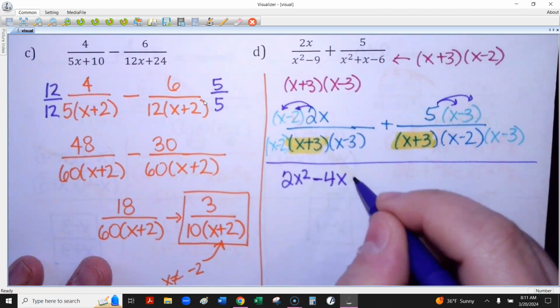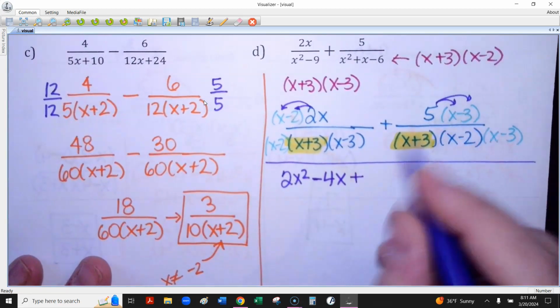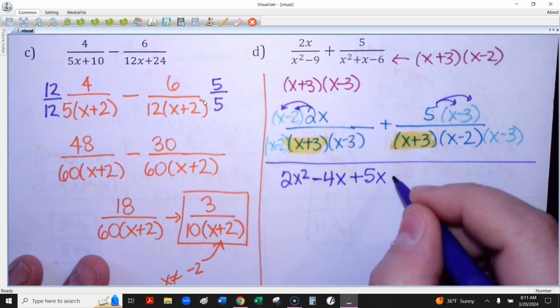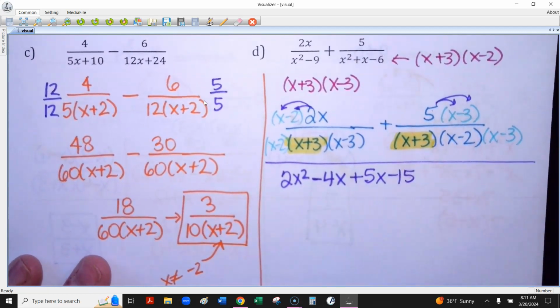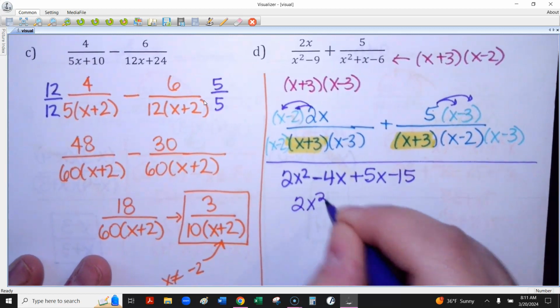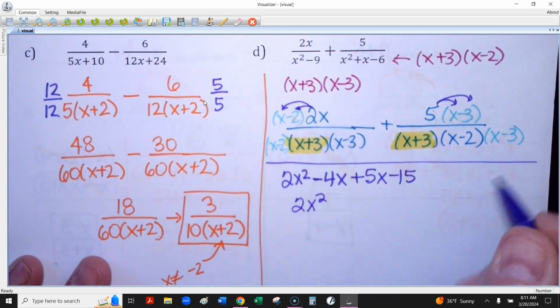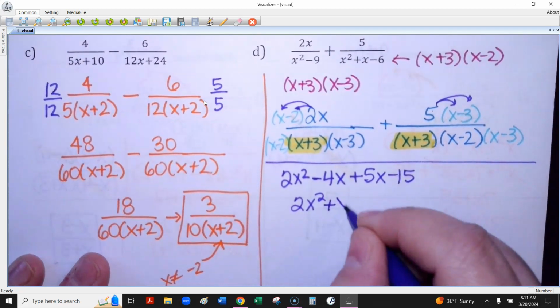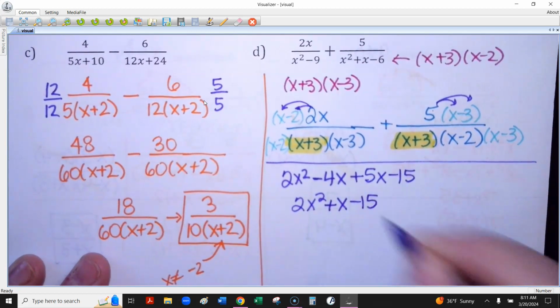And I'm adding to that, 5 times x would be 5x. And 5 times -3 would be -15. So we're going to get 2x squared. Combine these guys here. Let's see, what would that be? That'd be plus just 1x and then minus 15.